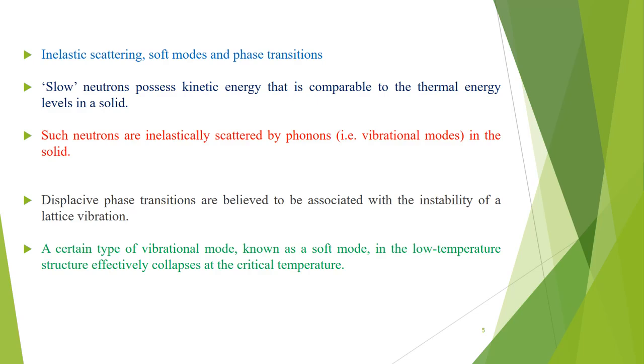Displacive phase transitions are believed to be associated with the instability of lattice vibration. A certain type of vibrational mode, known as a soft mode, in the low temperature structure effectively collapses at the critical temperature.